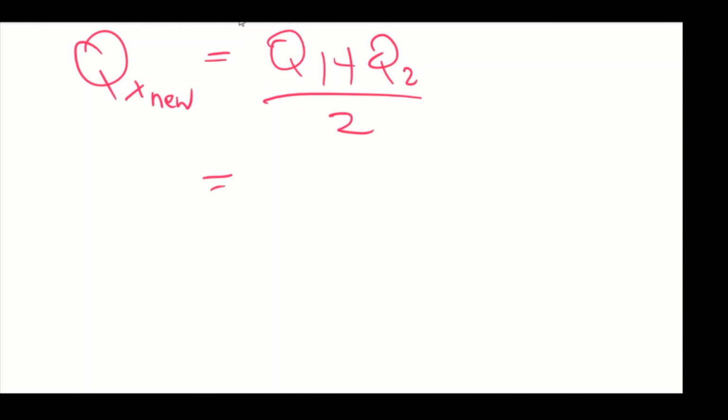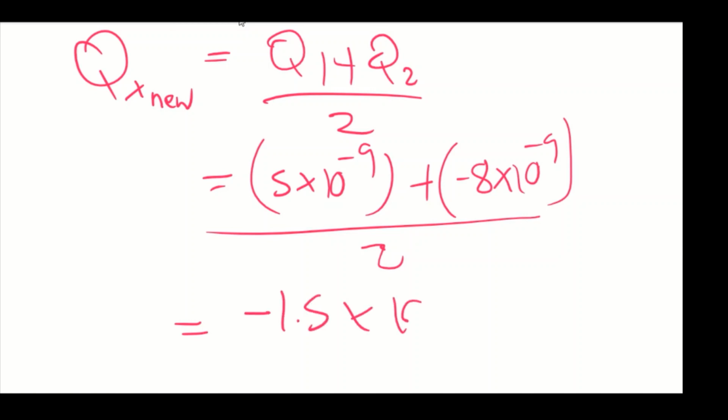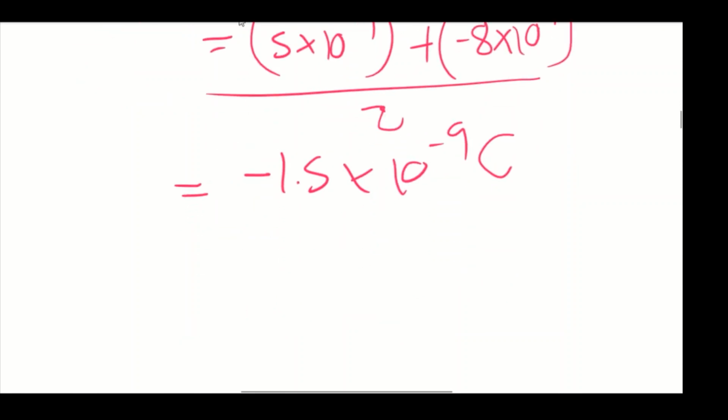The charge of sphere X is 5 times 10 to the power of minus 9, plus the charge of sphere Y, which is minus 8 times 10 to the power of minus 9, and then we divide by 2, and the answer that you need to get is minus 1.5 times 10 to the power of minus 9 coulombs, right? So this is the charge that is on each sphere.